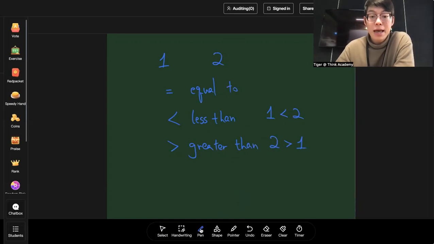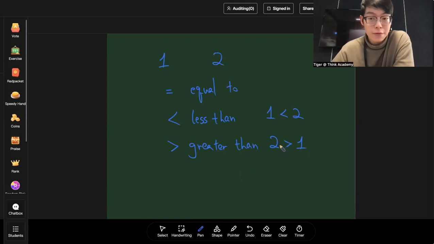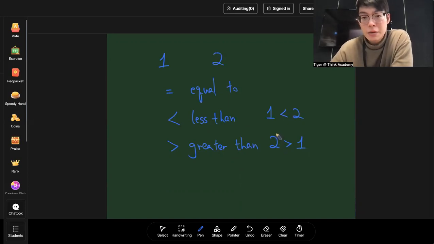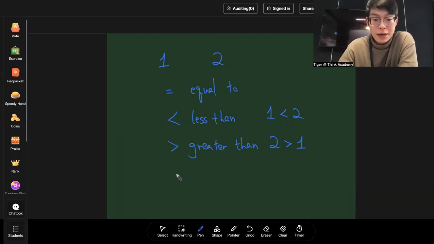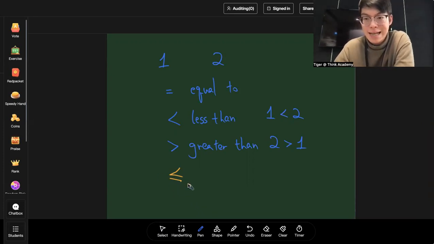However, this is very exclusive, which means that if it is 1, you can't use the less than sign. But sometimes the range of an expression is inclusive, so we have another set of signs, which is essentially just adding a slash, or a slant, to the less than or greater than sign.